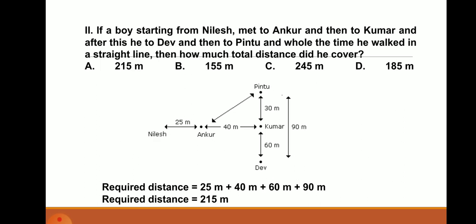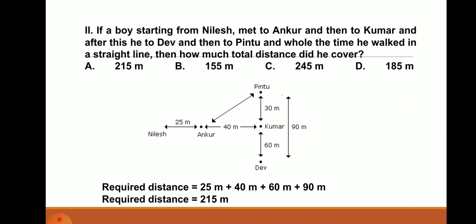Second, a boy is starting from Nilesh, going to Ankur and then to Kumar, and after this to Dev, and then to Pintu. That means that person has traveled 25 meter plus 40 meter plus 60 meter, and from Dev again to Pintu, that means 60 plus 30, total 90 meter in a straight line. Then how much total distance did he cover?